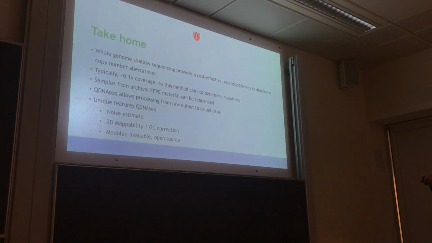QDNAseq starts from raw output, depending on what you call raw. It starts from BAM files, which most sequencing facilities actually deliver to you. And what makes QDNAseq unique? Noise estimate, 2D mappability and GC correction, where most of the methods do it sequentially, and it's modular, available, and open source.